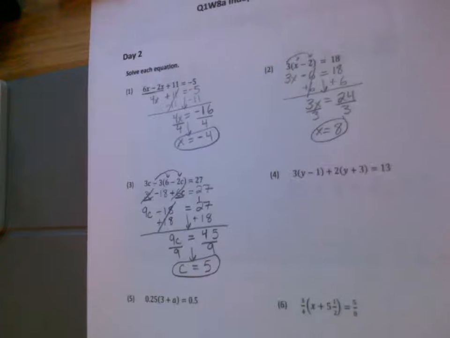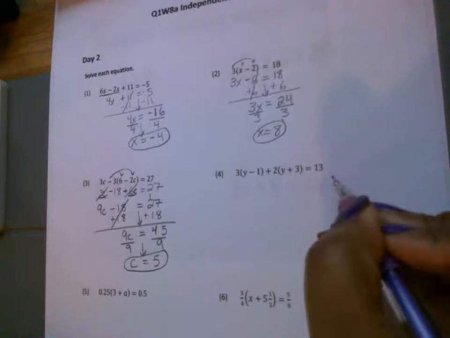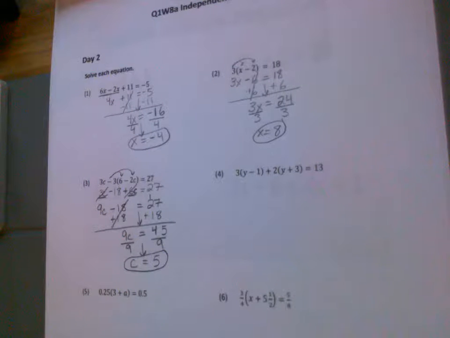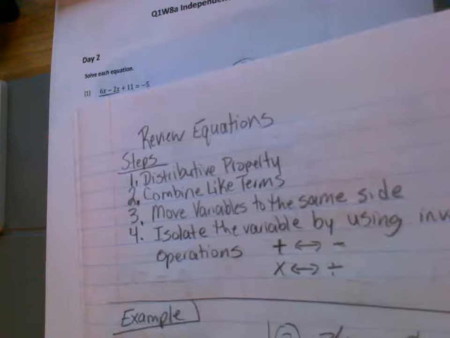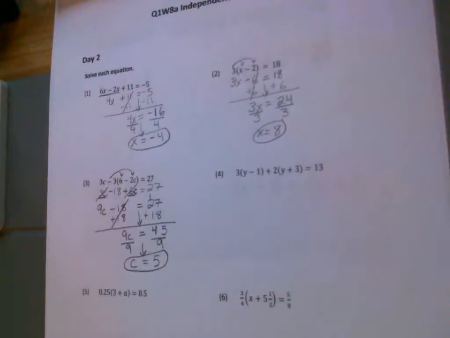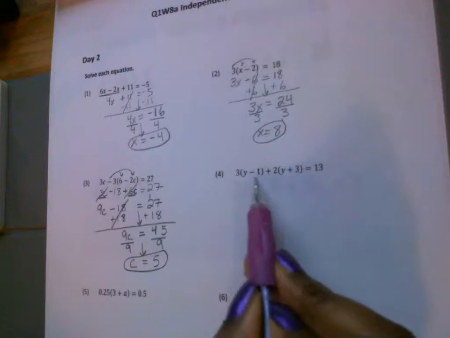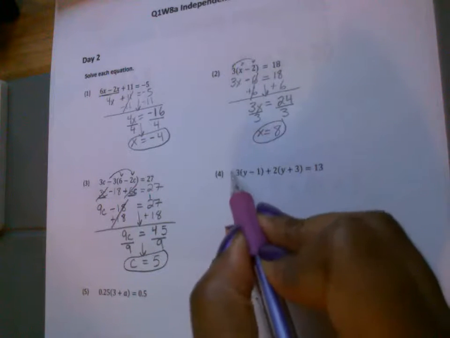Okay, so now we're doing number 4. With number 4, the first thing that we're going to do here is distributive property. And remember, I keep referring back to our rules. Distributive property is first. So we have 2 distributive properties right here. We're going to perform both. So we got positive 3.